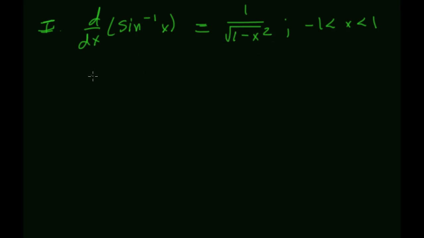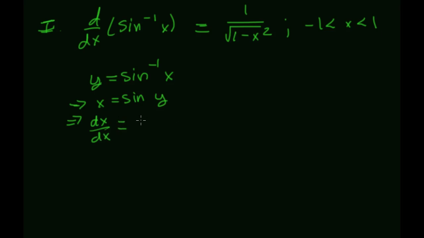All right, so if I let y equal the inverse sine of x, this means that x is equal to the sine of y. That's what it means to be an inverse. And if I do a little bit of implicit differentiation, this is why this had to come after the implicit differentiation chapter, this gives me dx is equal to, let's see, the cosine of y.